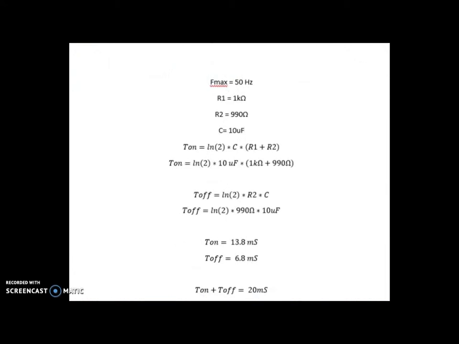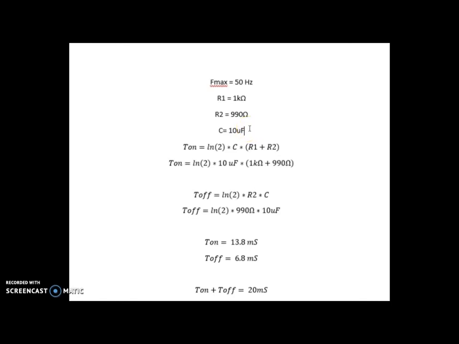Now we're going to see the calculation of the high frequency, that is 50 Hz. Our first resistor is 1000 ohms, our second resistor is 990 ohms, and our capacitor is 10 microfarads.